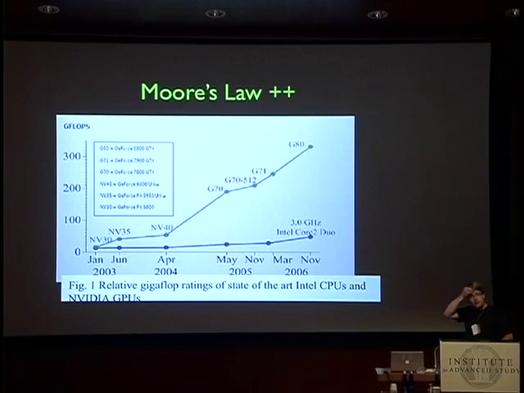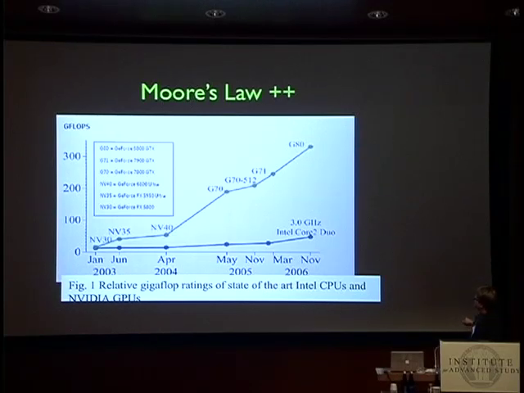But let me go ahead and show you the flip side, which is how GPUs have done, graphics processors. So if you put Moore's law in terms of gigaflops per device, we'll call it either a CPU or a GPU, and I don't want to call it a processor yet because there's some nesting of processors that goes on. If you look at the gigaflops versus time, this is Moore's law.